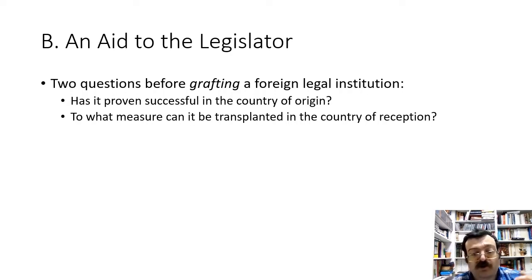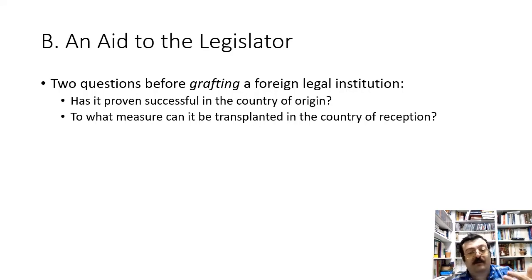Logically, before the legislator even tries to emulate another legal system or tries to transplant something from another legal system, two questions have to be asked. Is this legal institution or legal transplant successful in its country of origin?